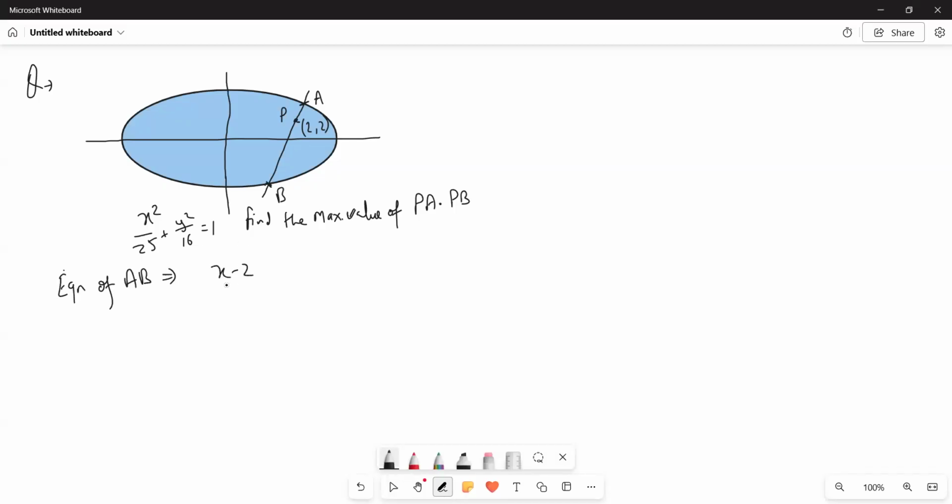So its equation we can write as x minus 2 by cos theta is equal to y minus 2 by sin theta is equal to r. तो यहाँ से x आ जाएगा 2 plus r cos theta and y आ जाएगा 2 plus r sin theta.